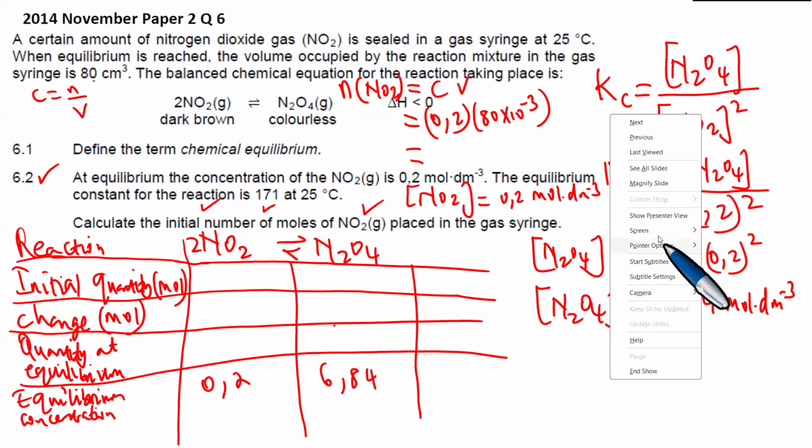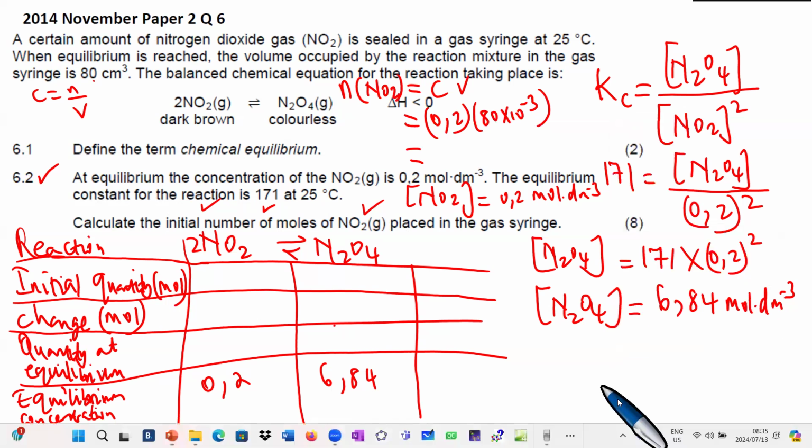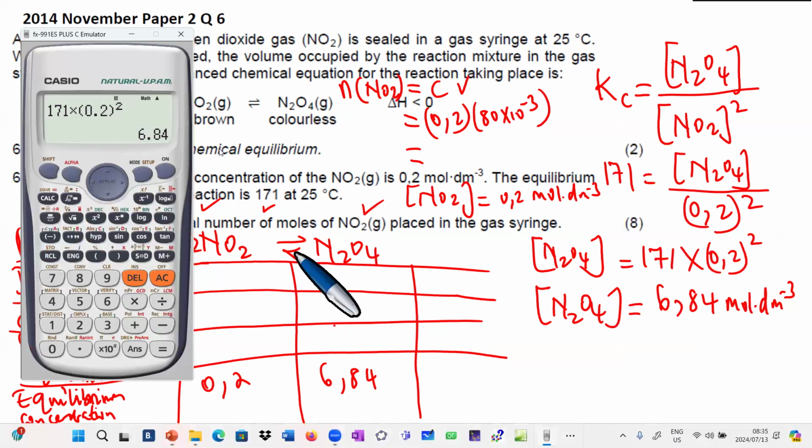Let us use our calculator here to do this one. So this is going to be exactly 0.2 times 80 times 10 to the negative 3.